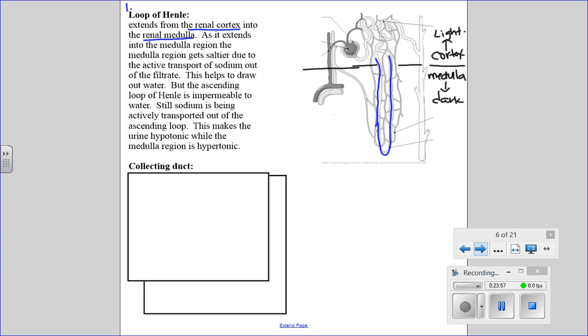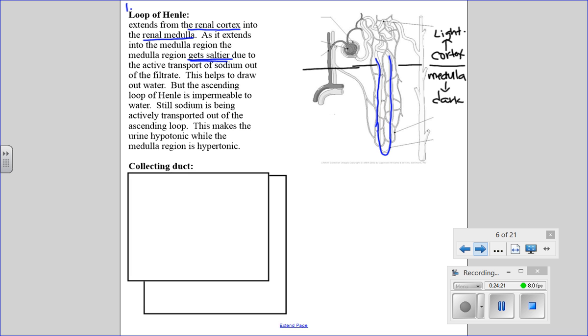Now what's different? Visibly, of course, I said the cortex is lighter and the medulla is darker. But another thing as we get down into the bottom of the loop of Henle is that it's saltier. So what happens in your kidneys, and this is a place where you might recognize salt is not all bad.